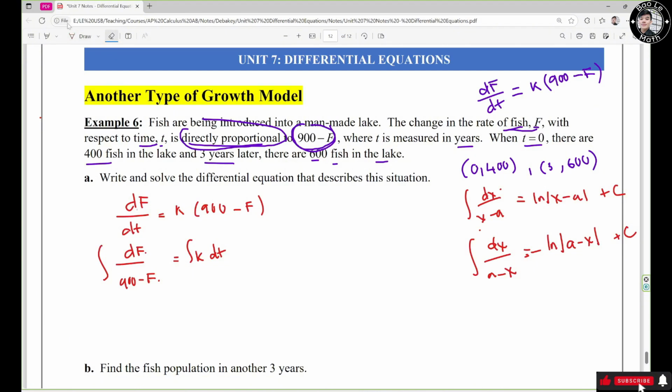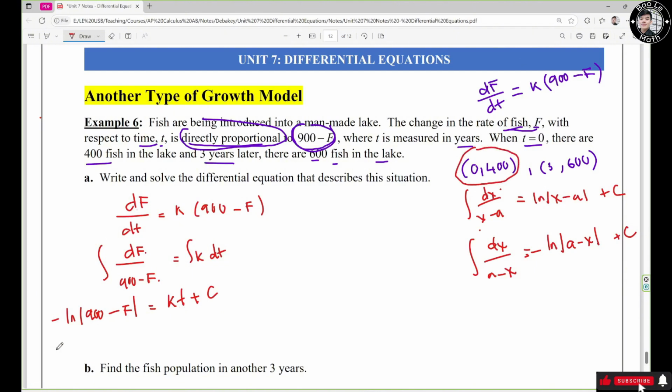This turns out to be negative natural log of absolute value of 900 minus f equals k times t plus c. Now we need to use the first ordered pair to solve for c.